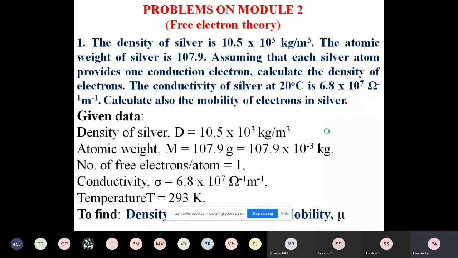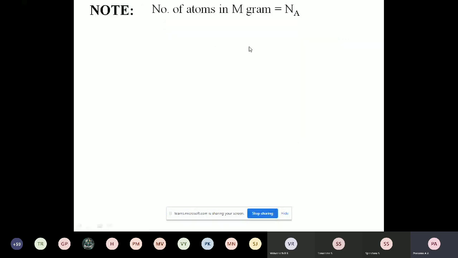Before solving the problem, you need to understand a few points. The number of atoms in M gram is said to be the Avogadro number. That is the actual definition of Avogadro number. M means molecular weight or atomic weight. So in a substance having the mass equal to the molecular weight, the number of atoms present is known as the Avogadro number.